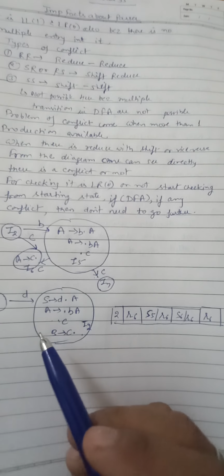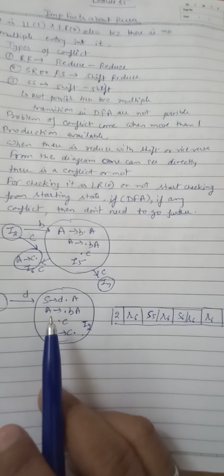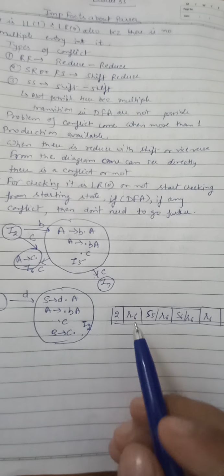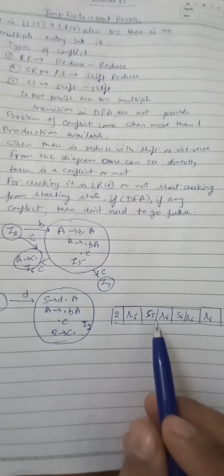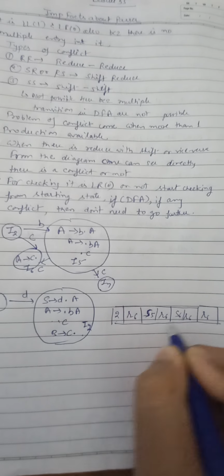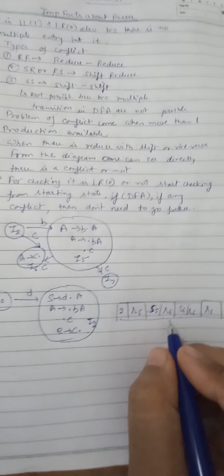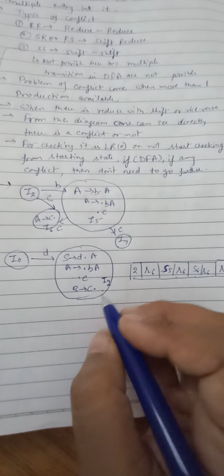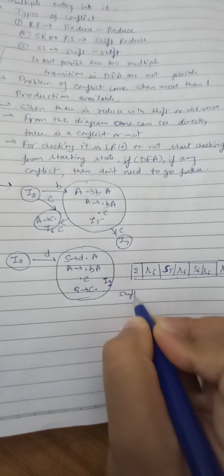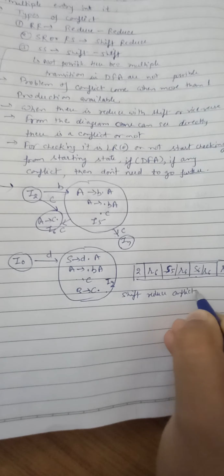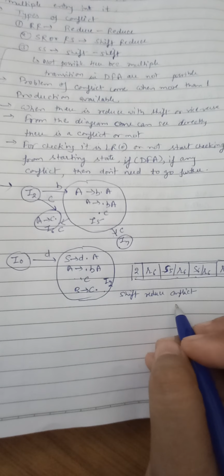Because shift and reduce both occur in this, simply shift is also there, S5, S6, and reduce is also there. So if this kind of entry comes into the picture, we can say this is a shift-reduce conflict.